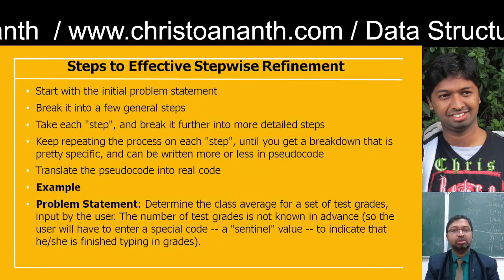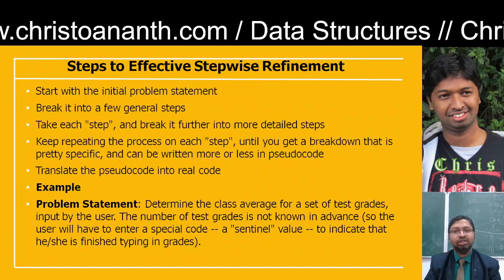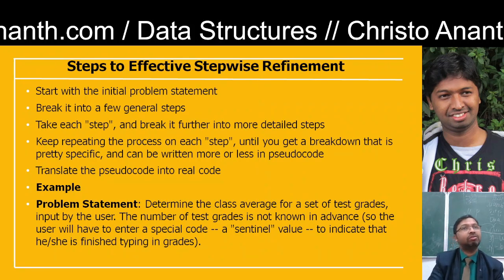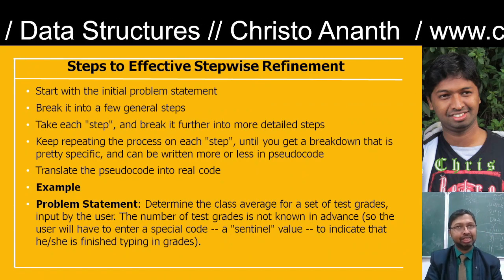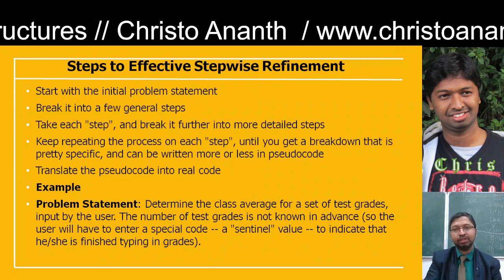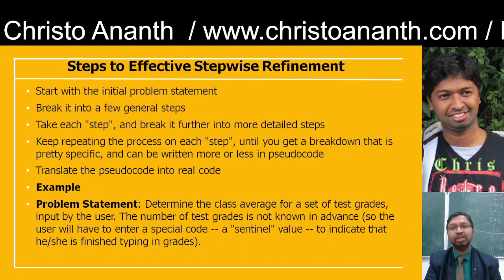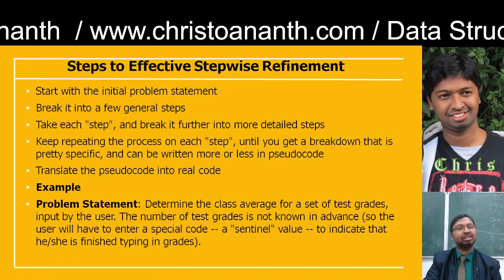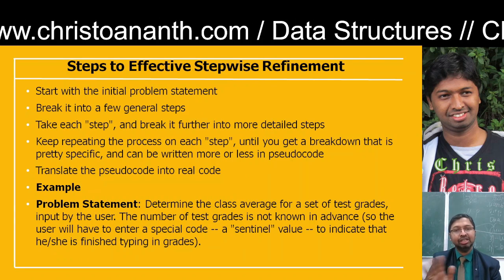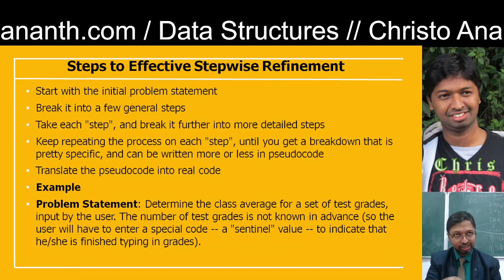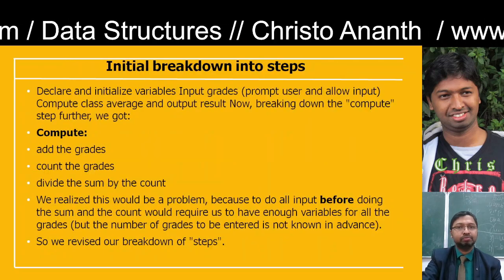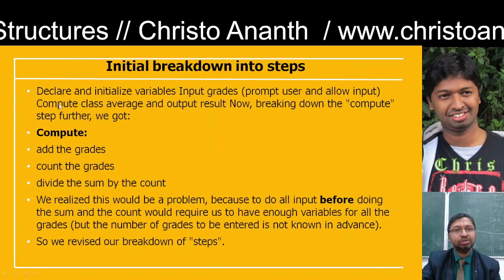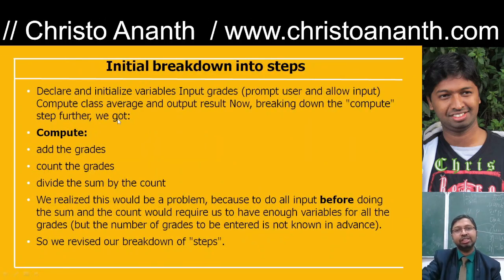So the problem statement: determine the class average for a set of test grades that is input by the user. The number of test grades is not known in advance, which means that we have to use a sentinel value to indicate he or she is finished typing in the grades. Next, you declare and initialize the variables.